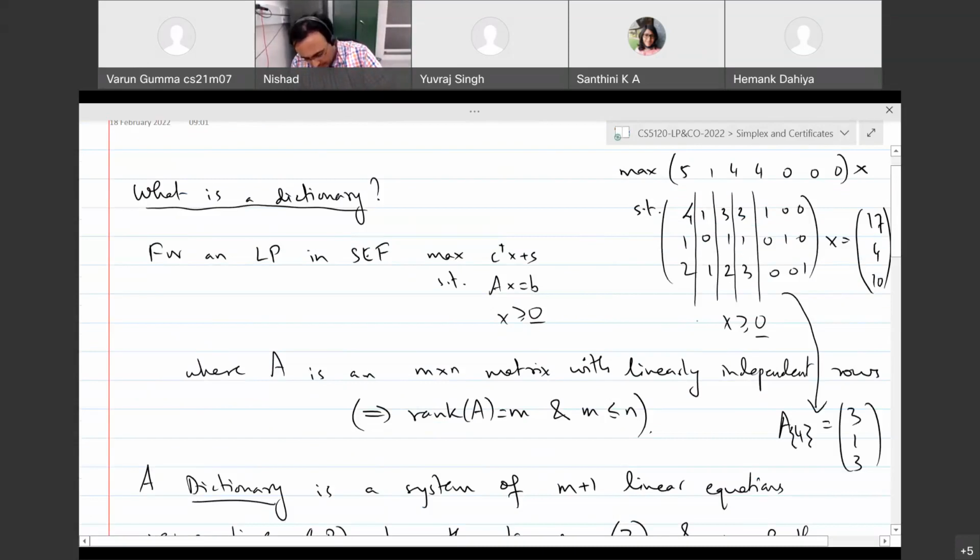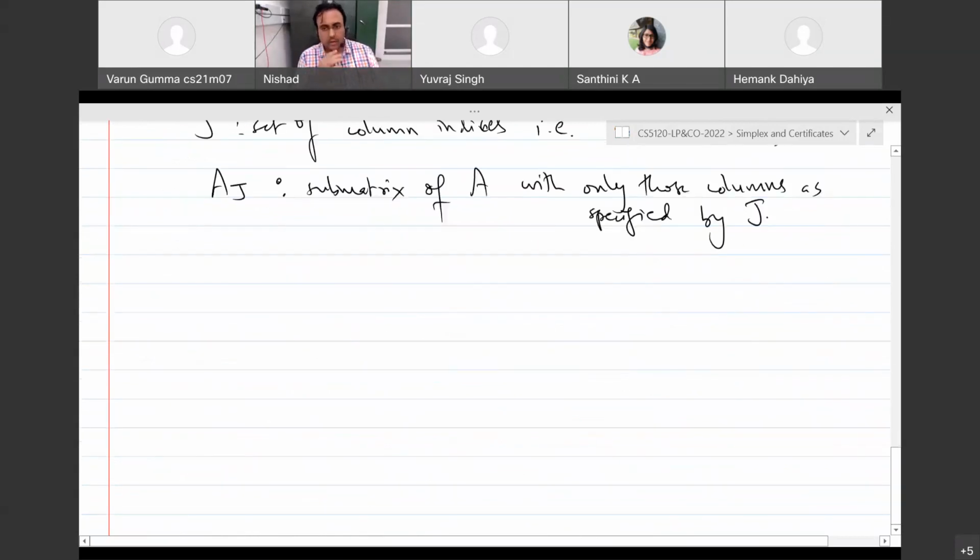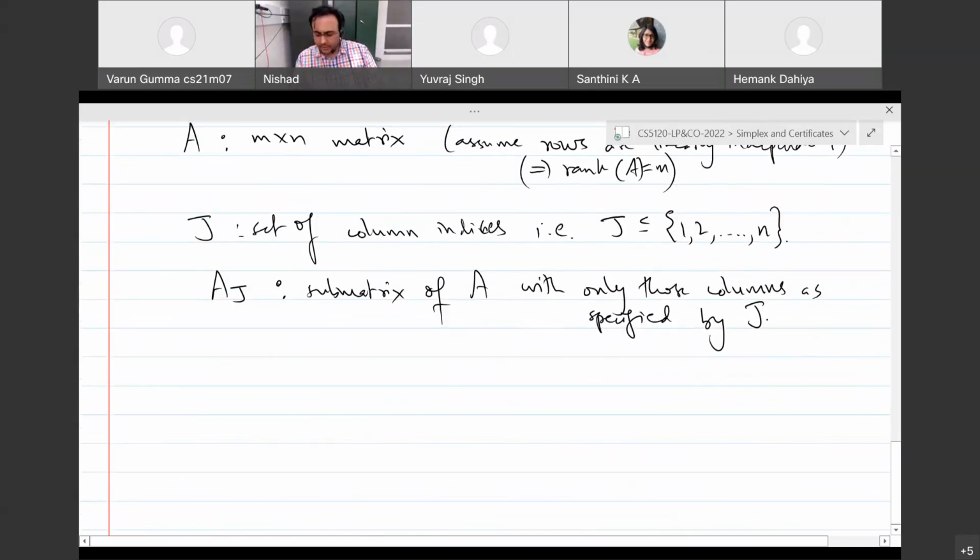And if I say A15, I'm referring to just the first and the fifth column, right? 4, 1, 2 and 1, 0, 0. Okay. All right. So that's just notation.